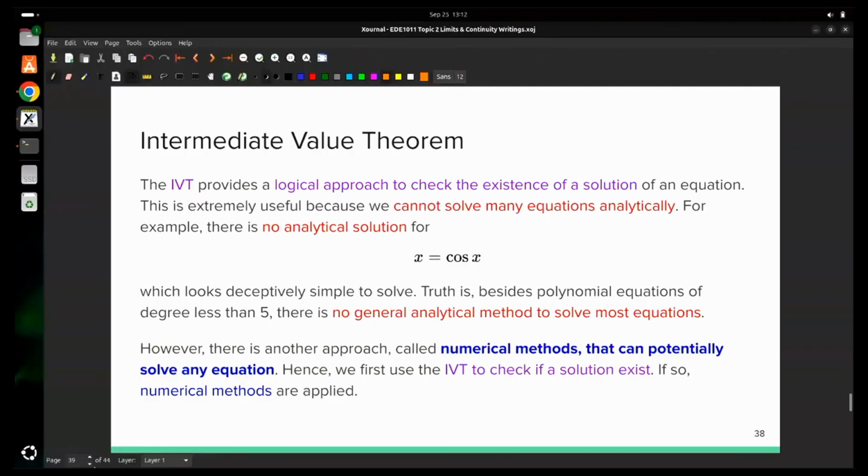Simple in the sense that a linear equation, mx plus c equals some number, you can solve for x. And polynomials, quadratic formulas allow us to solve equations involving a quadratic function, because we have derived the quadratic root formula, minus b plus minus root b squared minus 4ac.